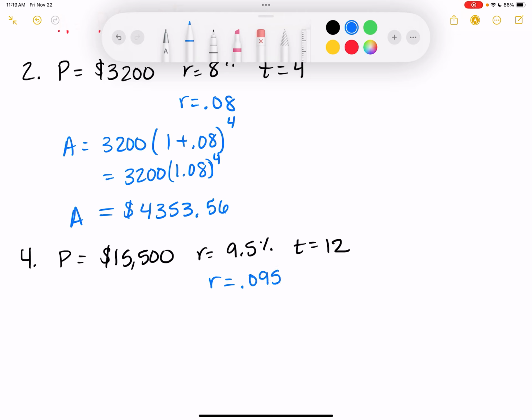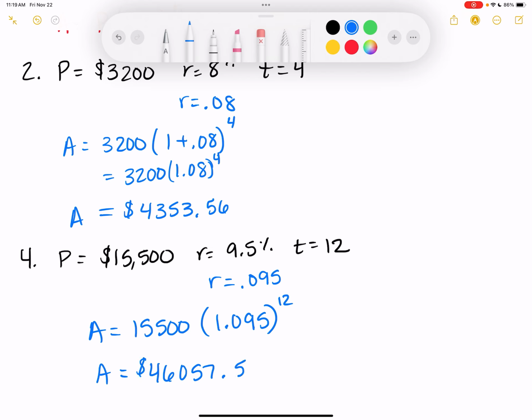So then A equals 15,500 times, I'm just going to write it as 1.095. If you want to write 1 plus 0.095, you can, and then raised to the 12th. Then you can tell me what we get when you type that in. $46,057.58.